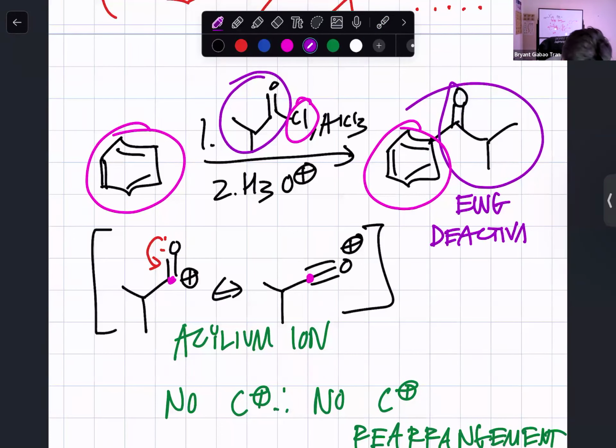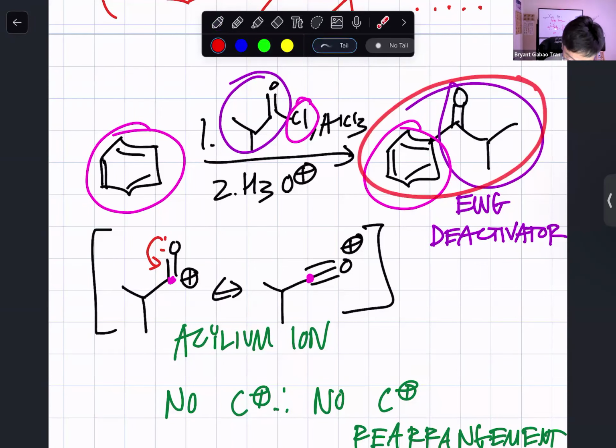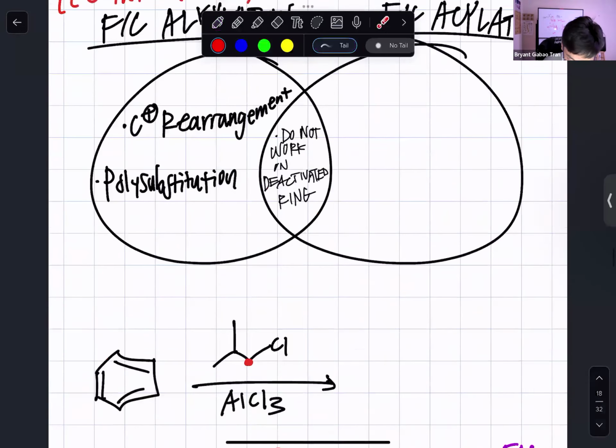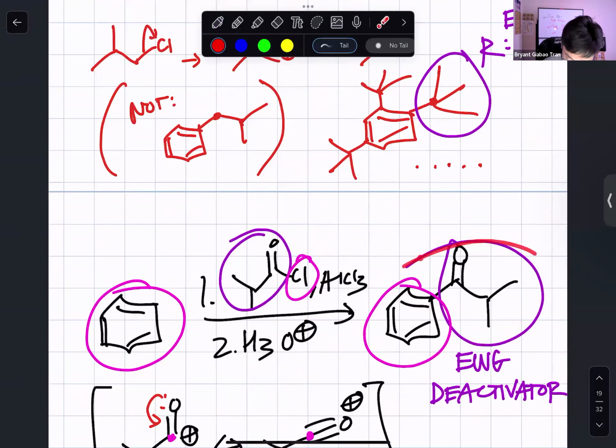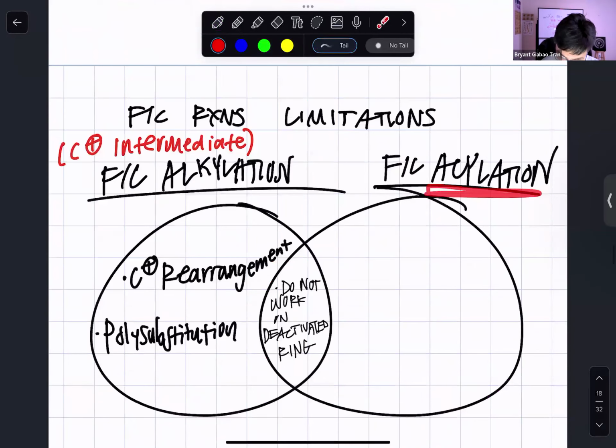So if this benzene ring is deactivated, can we react this again with another Friedel-Crafts reaction? No, we cannot, right? Because we said earlier that Friedel-Crafts reactions do not work on deactivated rings. So it stops here. It only adds once, right? Because when we add it once, we deactivate the ring, so we prevent another Friedel-Crafts reaction from happening, which is why Friedel-Crafts acylation does not have the limitation of polysubstitution.